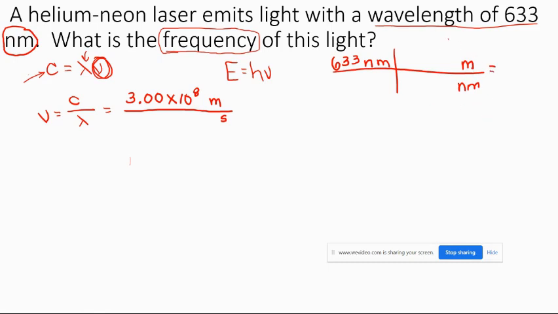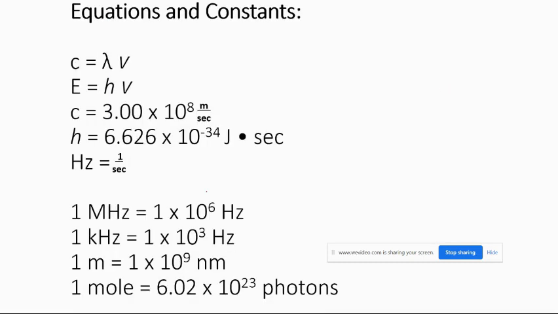Where am I going to get my conversion factors for this? Yep, in your notes right there. Do you see one that you can use for this? Which one are you going to use? What am I going to put down on the bottom here? Right, I'm going to use this one right here. So I find the numbers that are associated with nanometers.